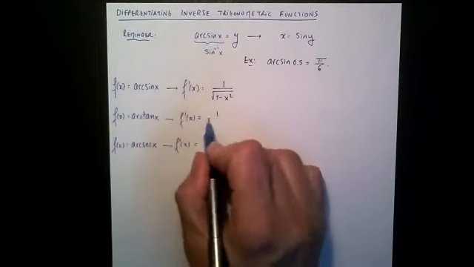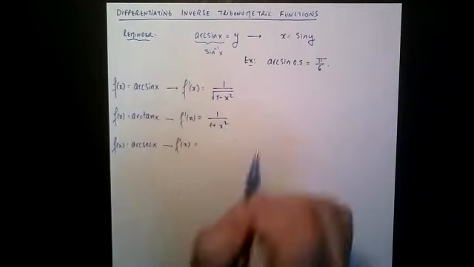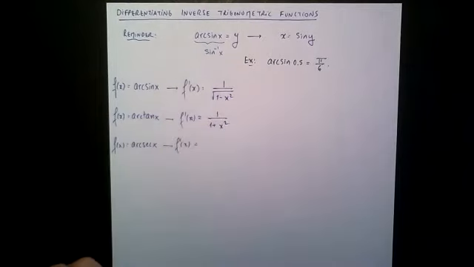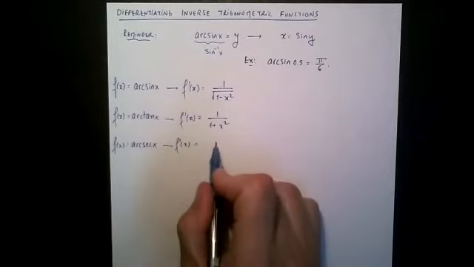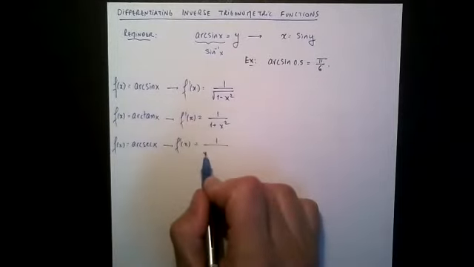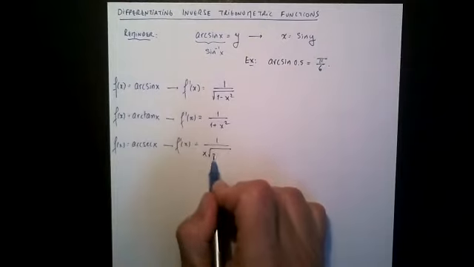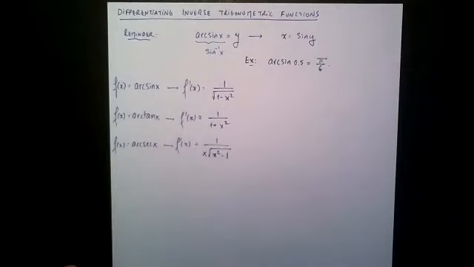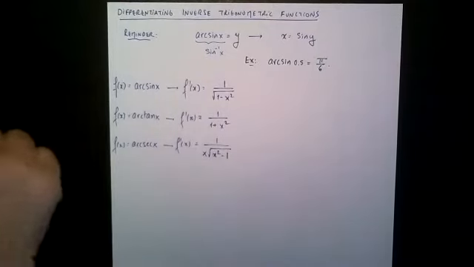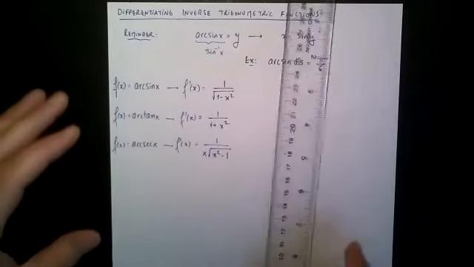Arctangent, the derivative is 1 over 1 plus x squared. Arcsecant is 1 over the absolute value of x times the square root of x squared minus 1. So these are the 3 basic ones.